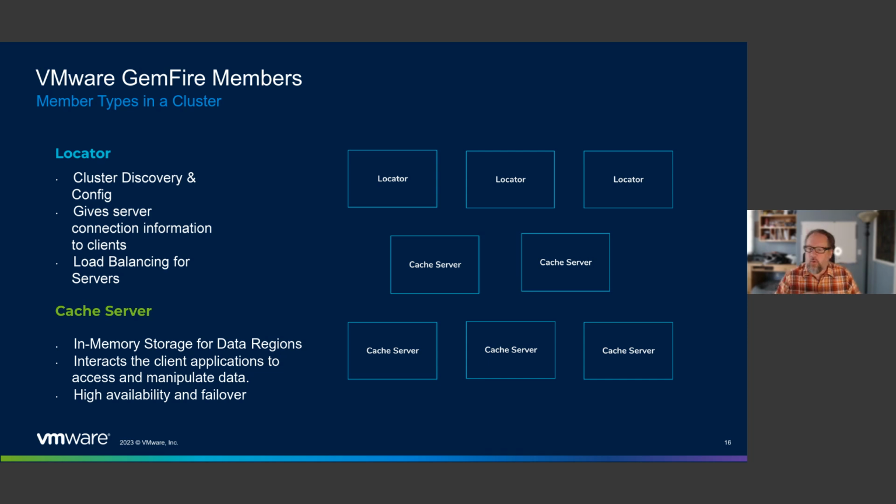Let's talk about what GemFire looks like when you deploy it. There are two components inside of GemFire when you deploy it. We have this concept of a locator, which is like our version of service discovery. It does a little bit more than just generic service discovery.